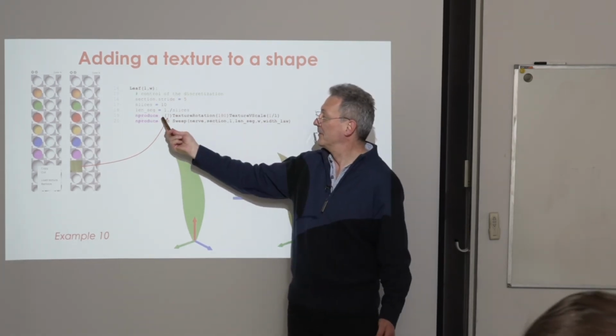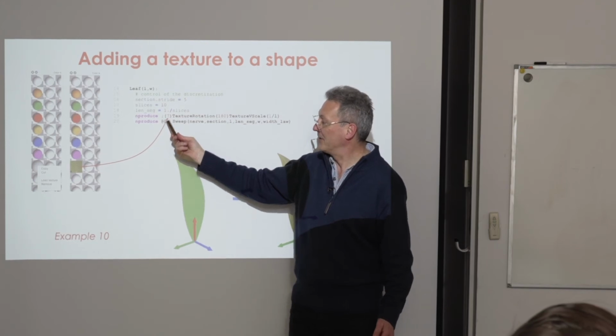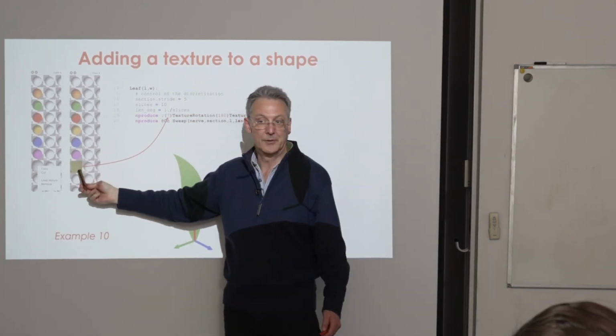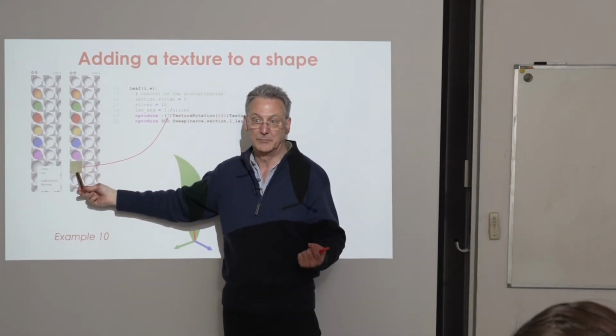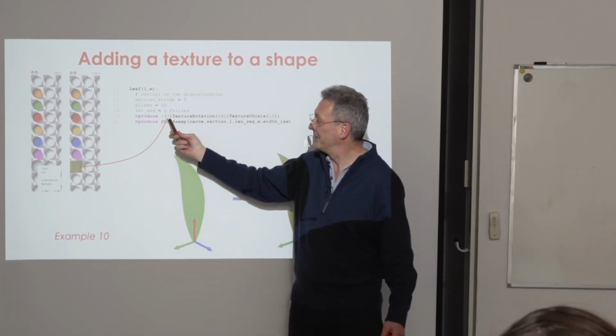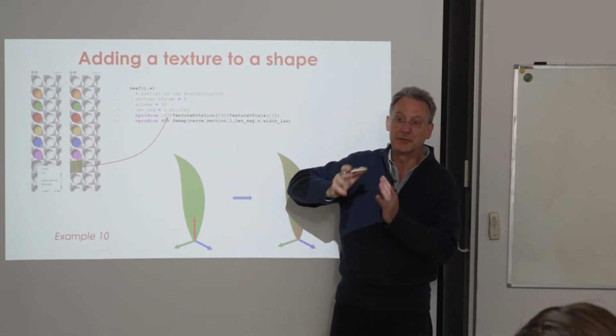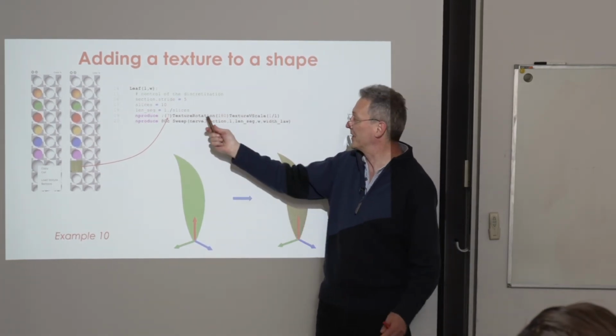This is the set color, semicolon 7. I loaded the image as a color before, so my color 7 is the texture. I load it here. I make a rotation because I want to apply my image in a certain position on my object.